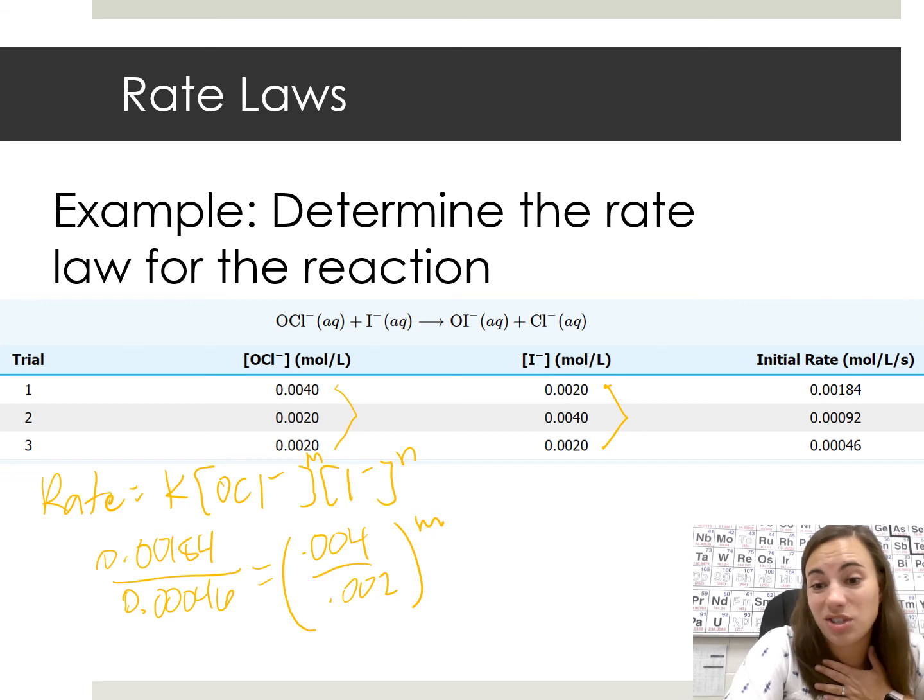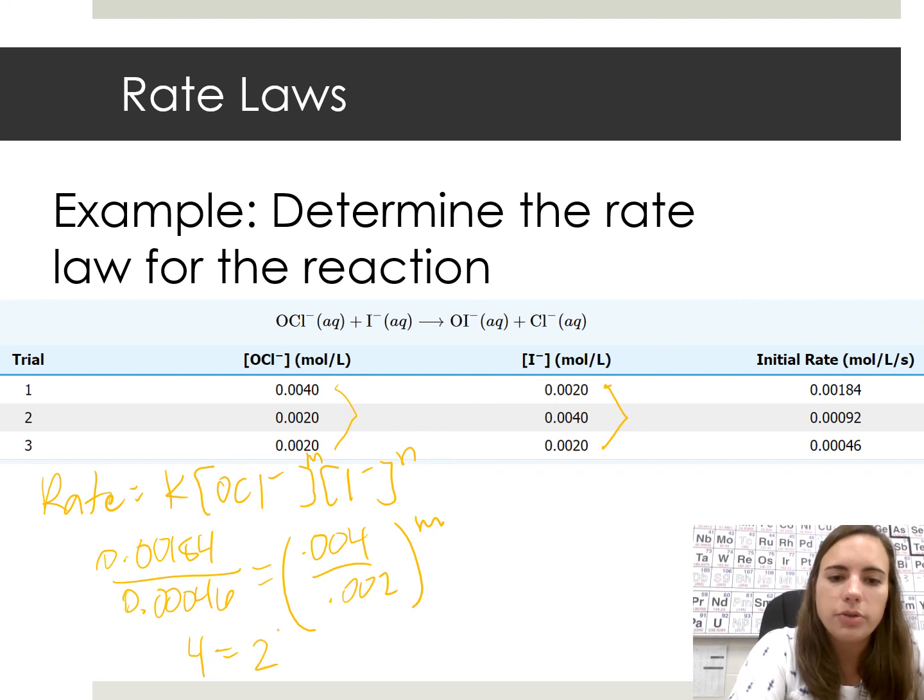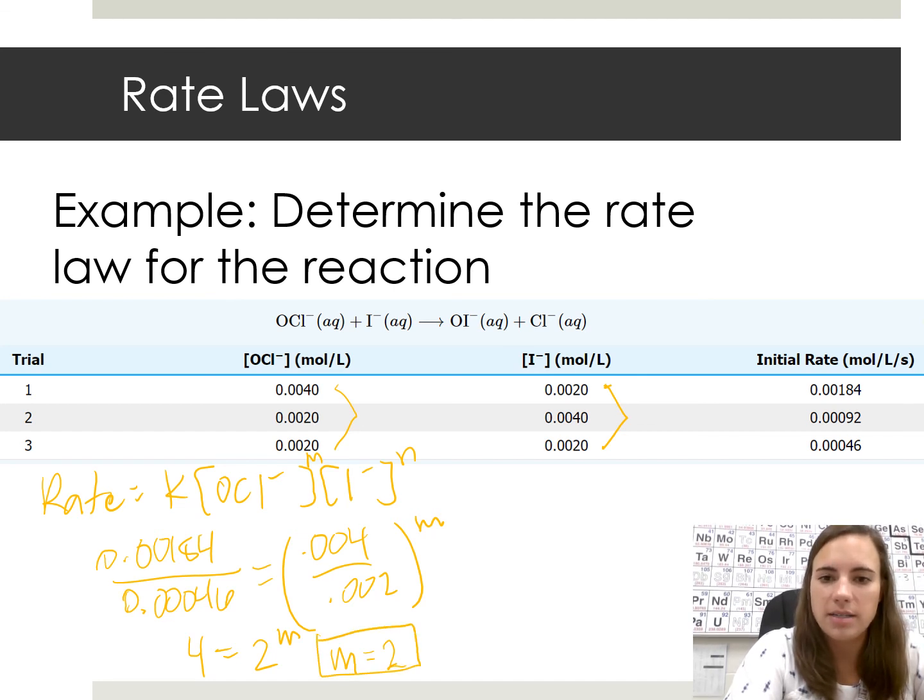So it doesn't matter. I always just put the bigger one on top. So I divide this and I get 4 equals 2 to the m. So again, this is pretty easy to know without doing complicated math, that 2 squared is equal to 4, so m is 2. So this is second order with respect to the OCl minus ion.